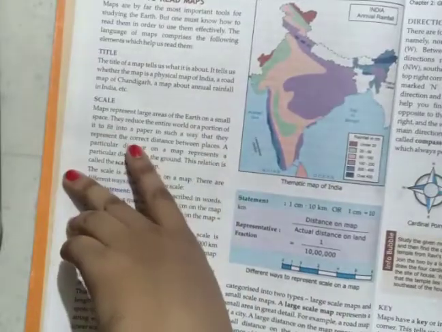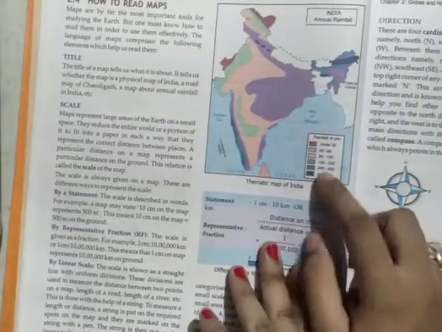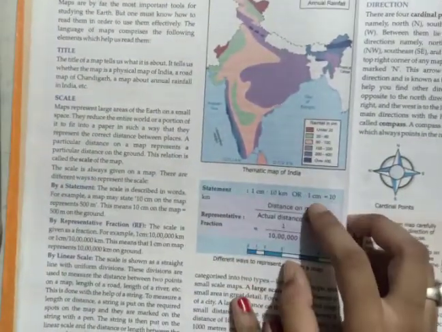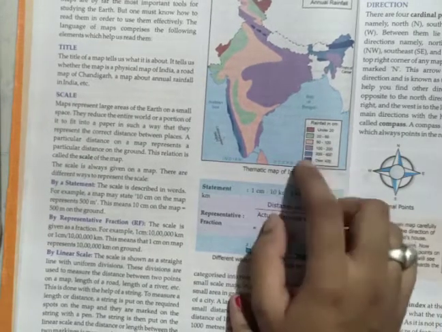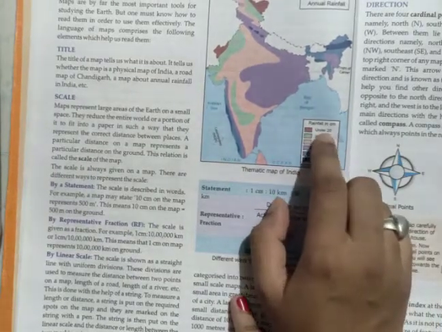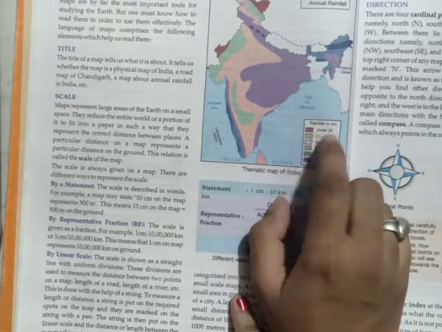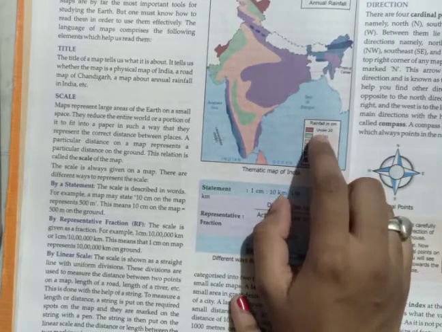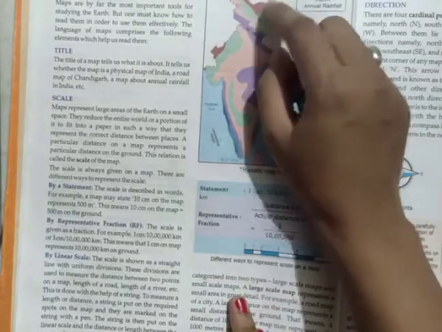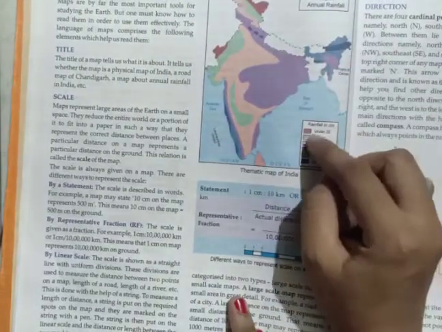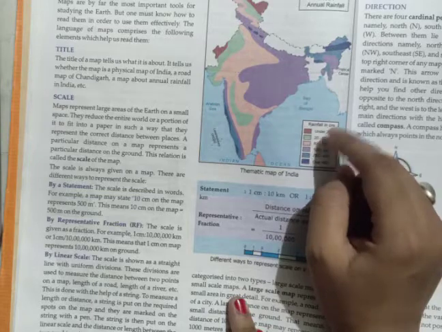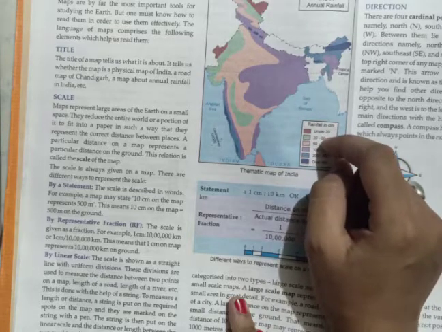Then next comes the scale. You can see here a scale is given, under 20 centimeter. Okay, this is a scale. Under 20 centimeter means this color, brown color you can see. Brown color means in these places rainfall occurs below 20 centimeter, means not high.